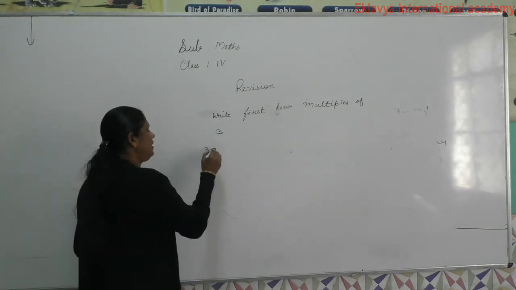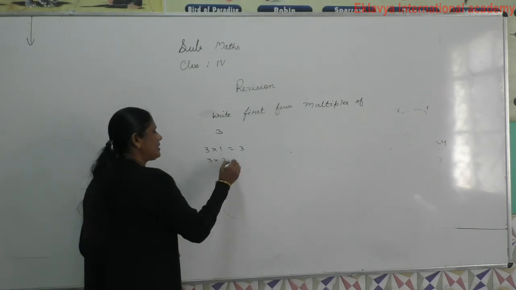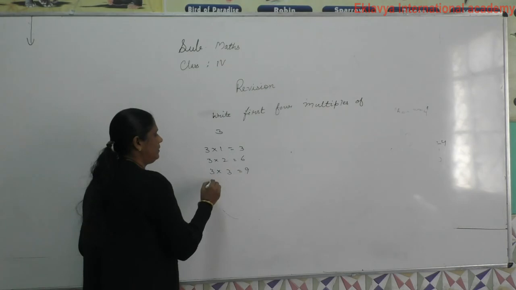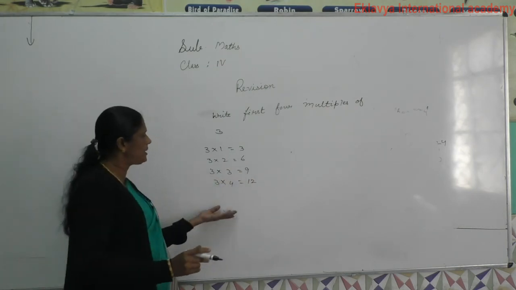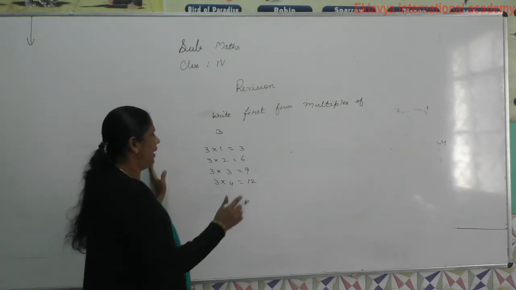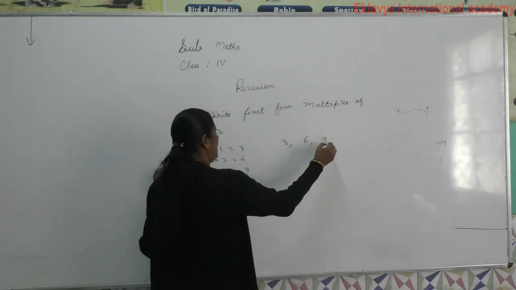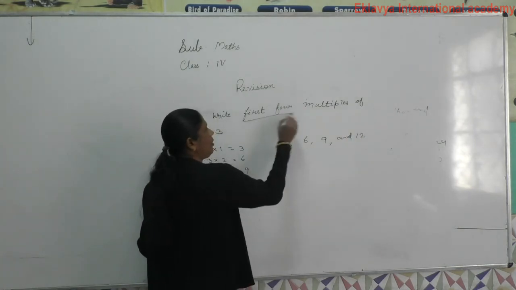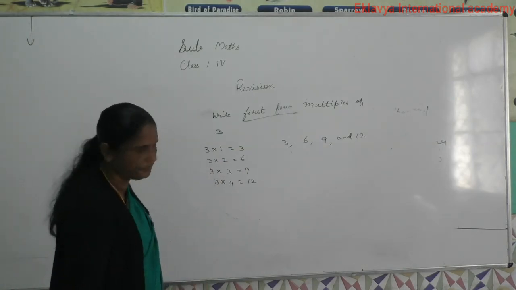That is 3 1s are 3, 3 2s are 6, 3 3s are 9, then 3 4s are 12. Then the multiples of 3 are 3, 6, 9 and 12. First 4 multiples we write. Understand?